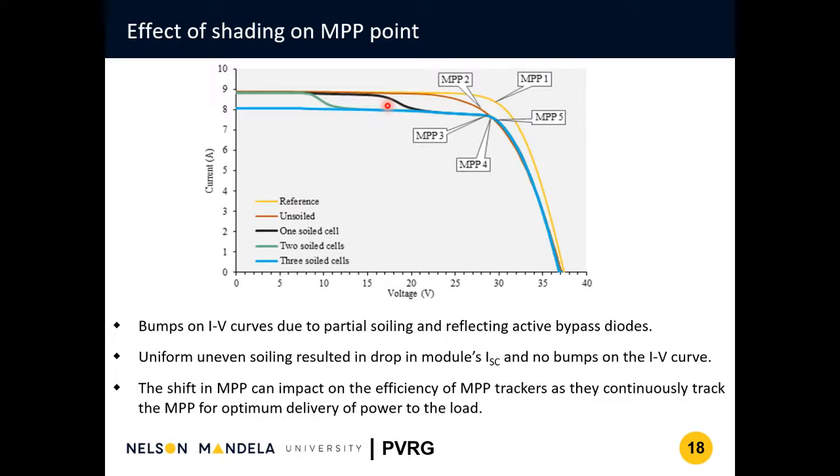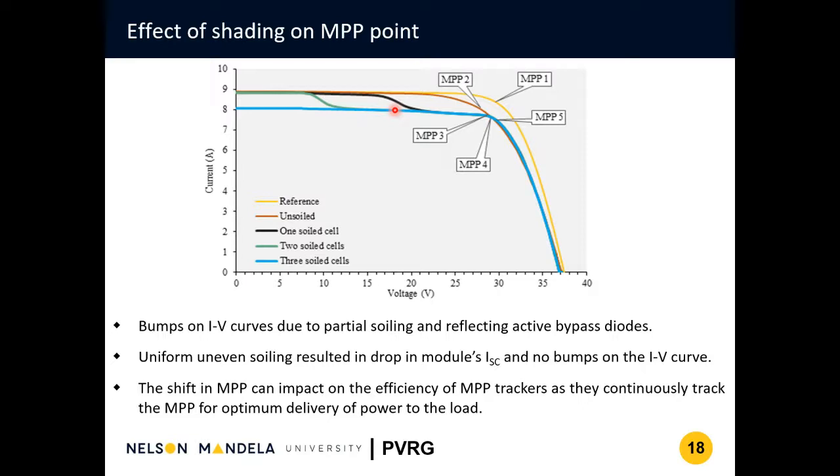And when more cells were shaded, we have more bypass diodes conducting, and the bump shifts towards ISC. And when the cells were partially soiled uniformly, it caused a reduction in ISC, as you can see on the blue IV curve.